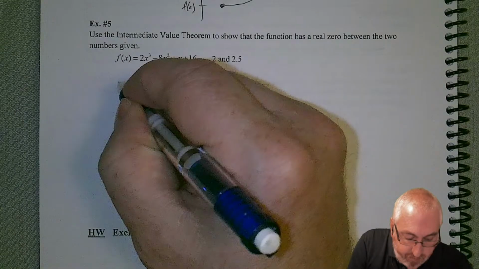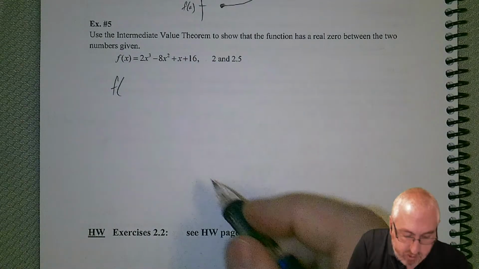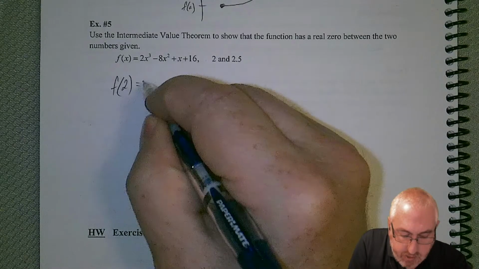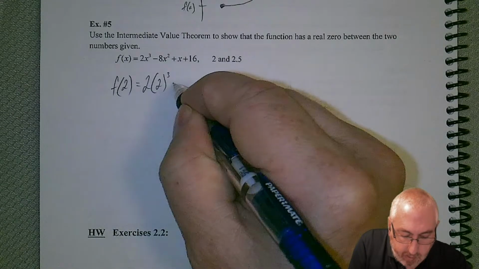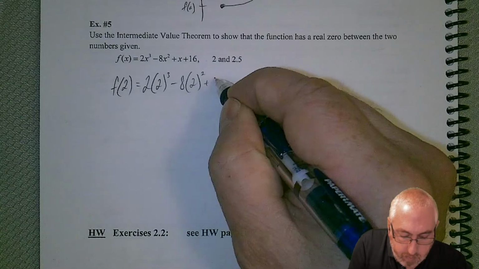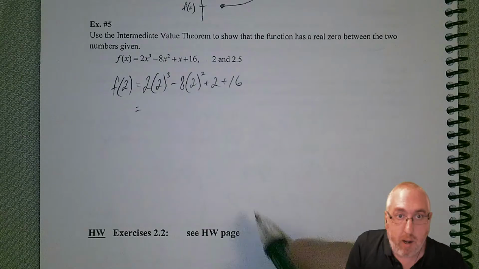We first need to know what those y values are at those two spots. So if we plug a 2 in to our function, and then just plug everything in, we should get something that is worthwhile to us.